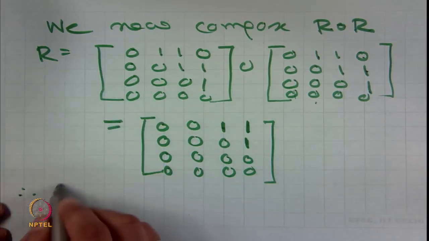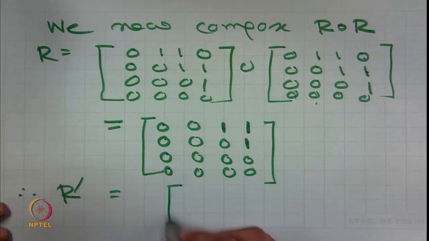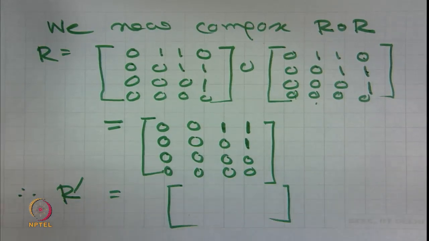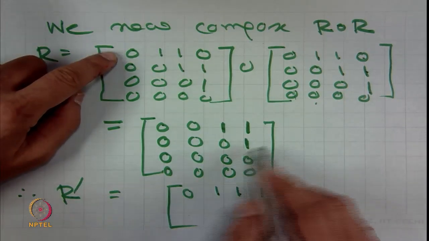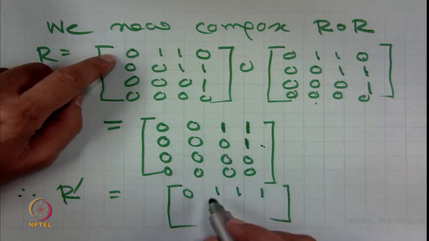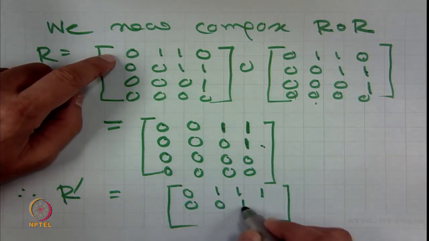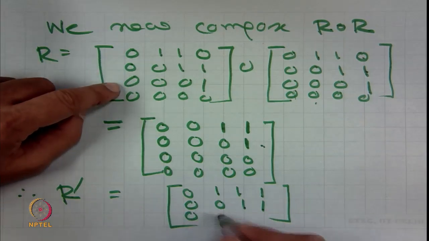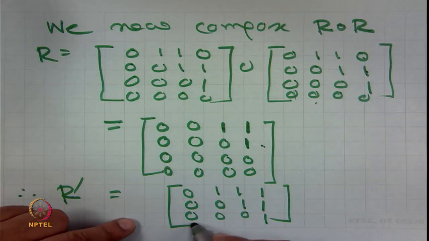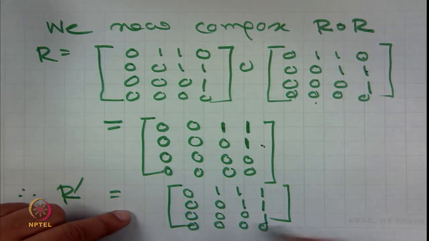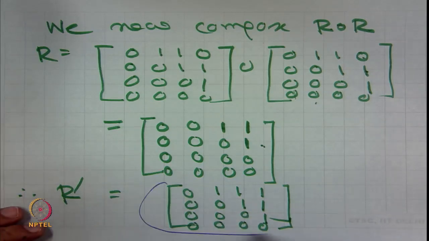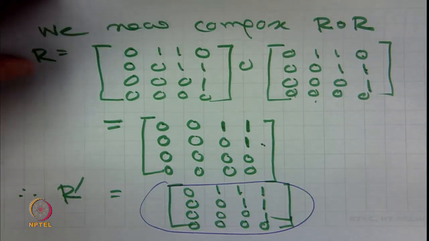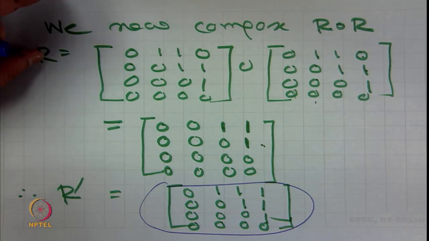Therefore, new R prime after the second iteration is going to be 0 1 1 1, taking the maximum of these two matrices: 0 0 1 1, 0 0 0 1, and 0 0 0 0. Since it is different from this R, now this matrix is going to be the new R, and I make a composition with itself.